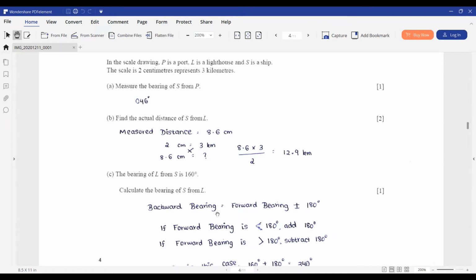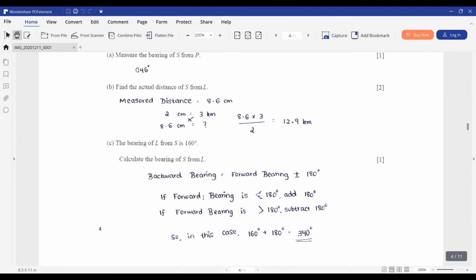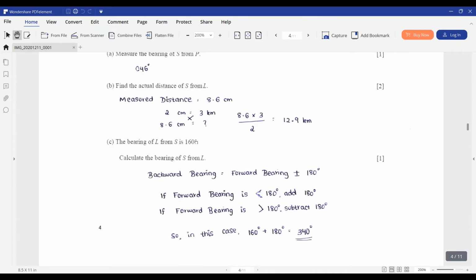So now we have our forward bearing over here. This is our forward bearing. Now, in order to find the backward bearing, we either take the forward bearing and add 180 or subtract 180. This is case dependent. If our forward bearing is less than 180, we add 180 to it. But if our forward bearing is greater than 180 degrees, we subtract 180 from it.